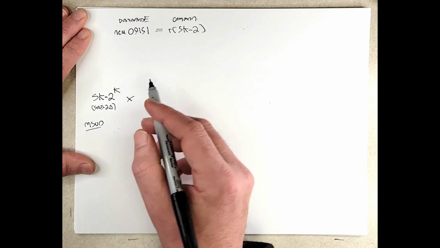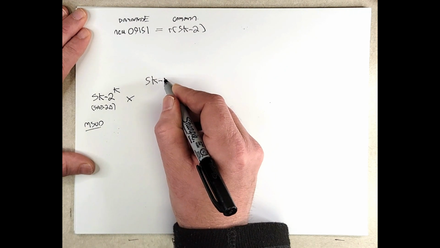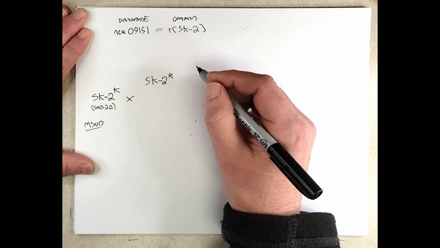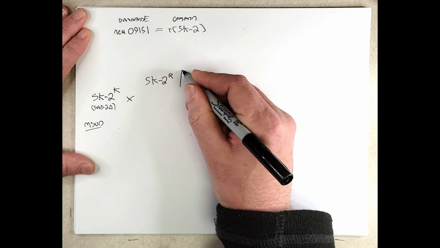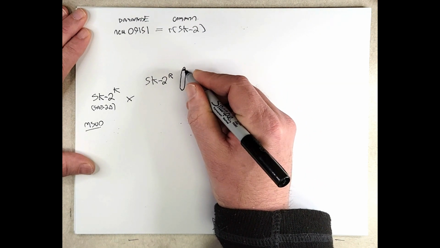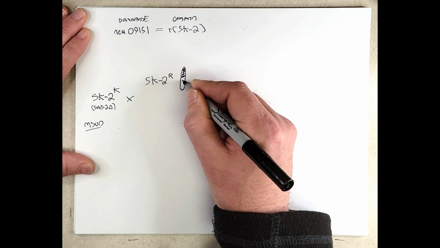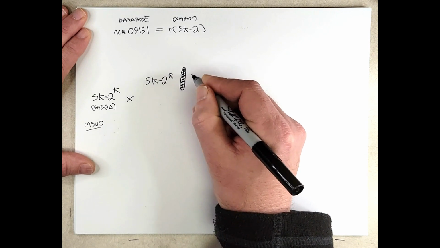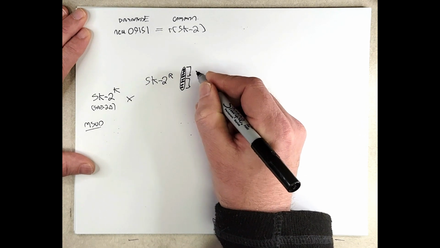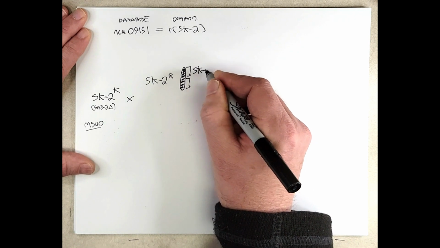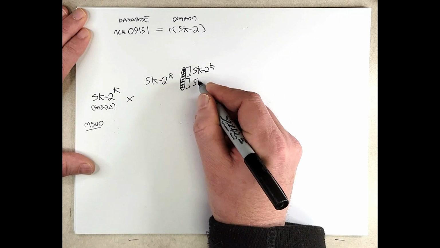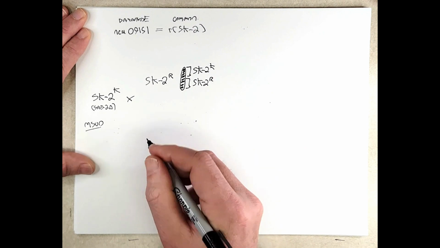So when we cross SK2K to SK2R, we have 8 surviving ascospores with half the SK2K genotype and half the SK2R genotype.